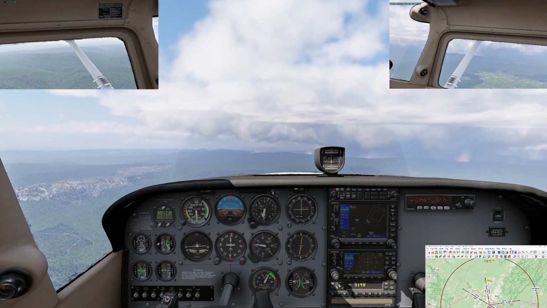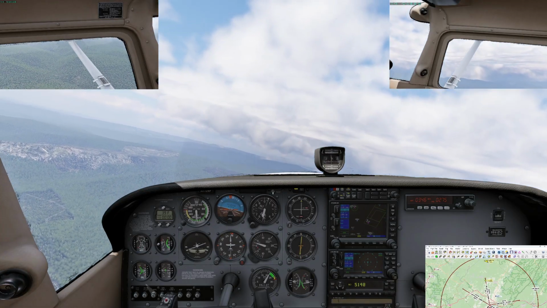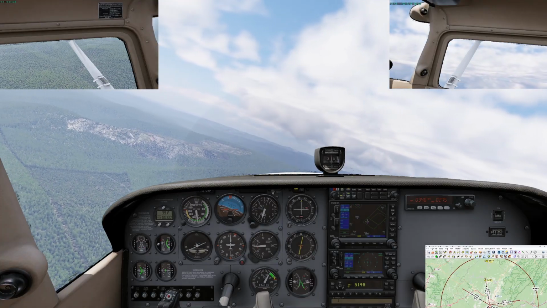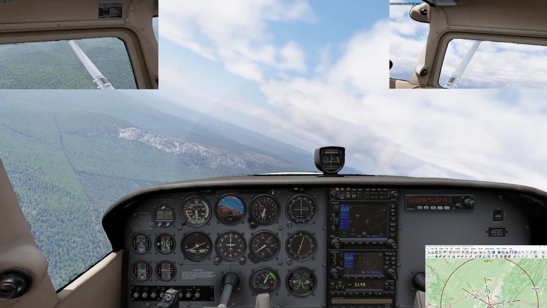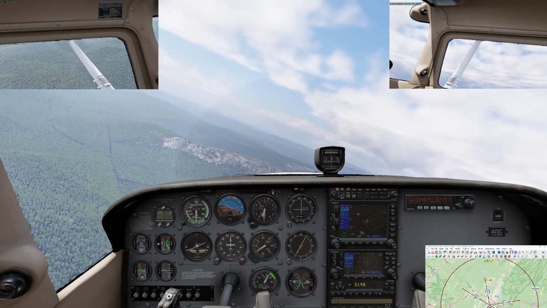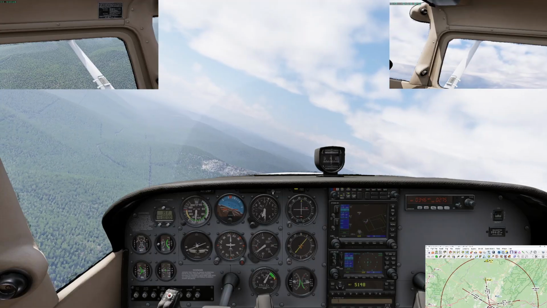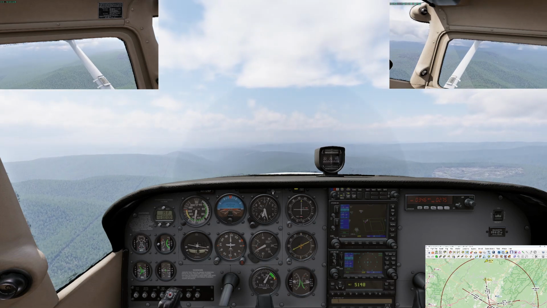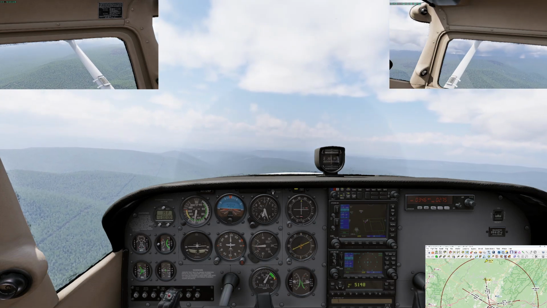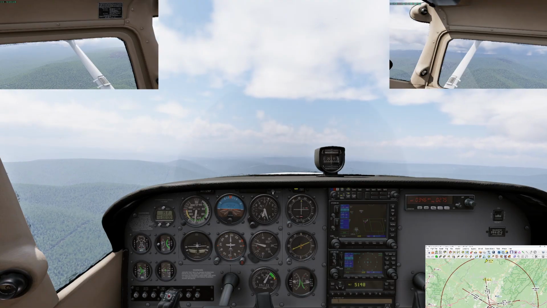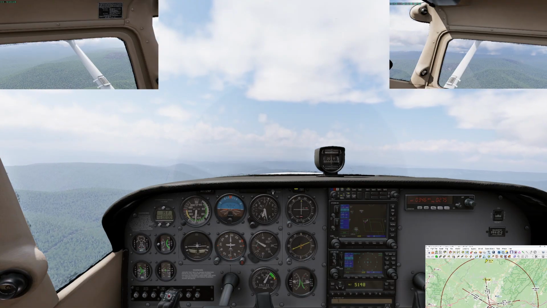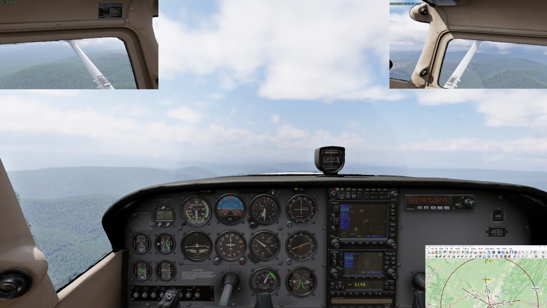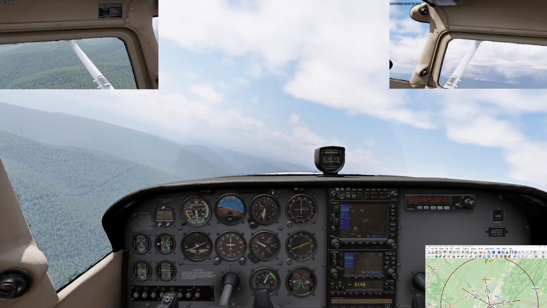Left turn now 300 for 72. Turn, fly heading 240 for 72 X-ray pop.